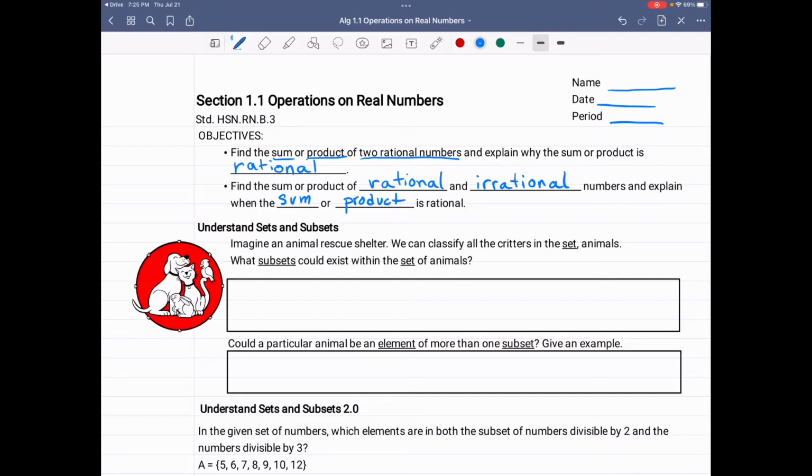Imagine an animal shelter. We can classify all the critters in the shelter as a set, and we'll call that set animals. What subsets could exist within the set of animals? Okay, so we have animals. And let's say we go to the shelter and we see a black dog. We see a white cat.